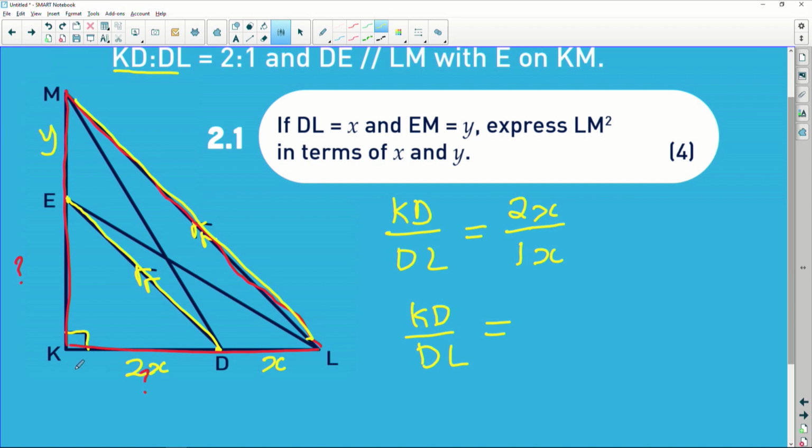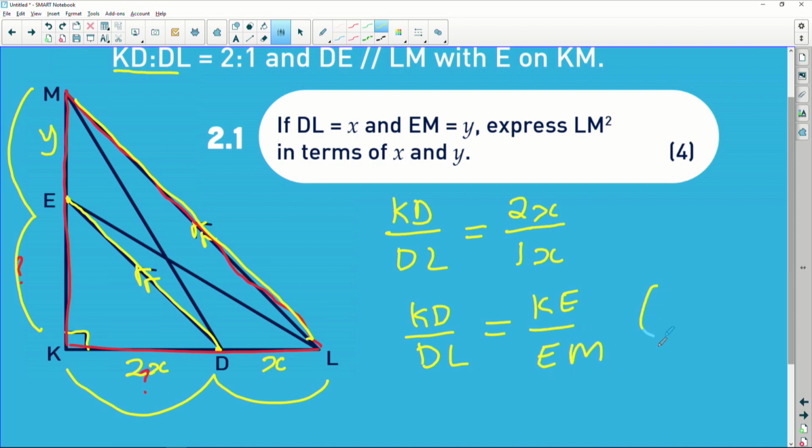So the distance KD to the distance DL will be equal to KE divided by EM. That is going to be equal to KE all over EM. Great stuff. This is coming from the proportionality theorem, because we've got a line ED that is parallel to the line LM.